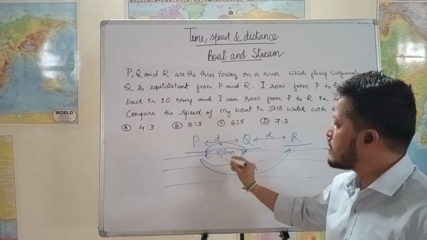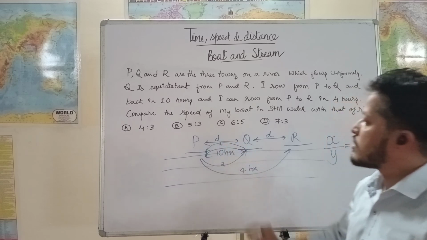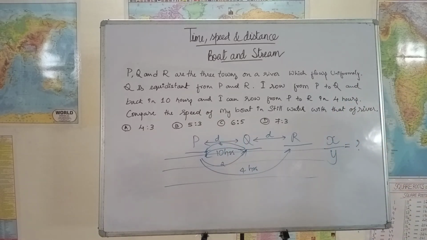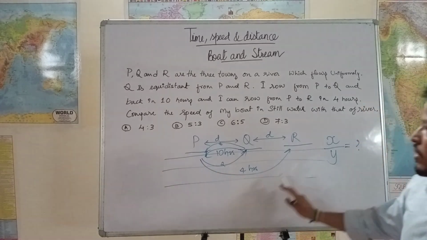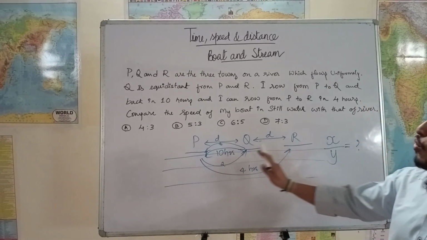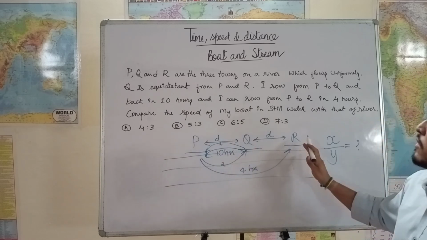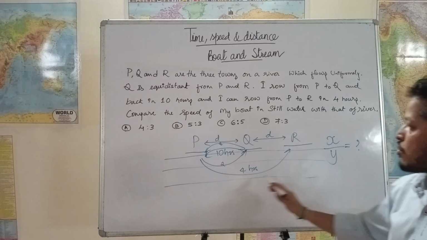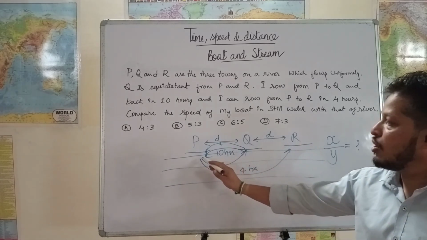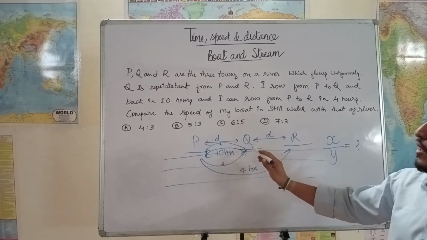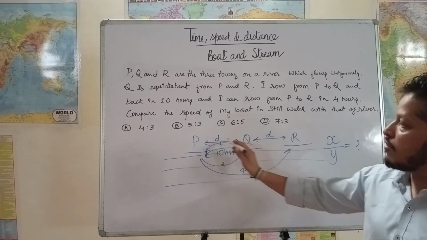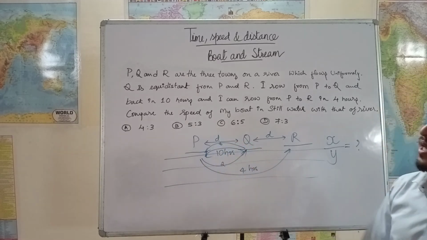This is 8 hours and this is 2 hours, correct? Because Q is in the middle of both, it's in equidistance between P and R, as given. So if I am taking 4 hours to reach here, I would have taken 2 hours to reach Q, and while coming I would have taken 8 hours. That's why the total is 10 hours.